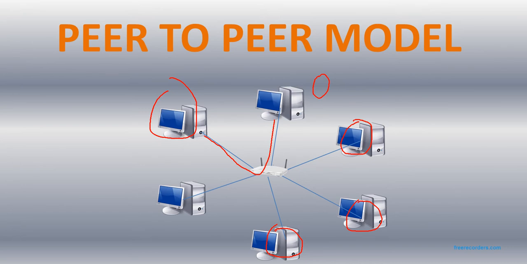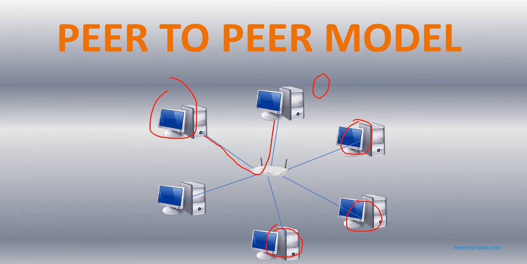And it becomes really difficult to maintain and manage this information, especially when you're working with PCs whose hardware is designed to be affordable by the end user. So the hardware is not designed as robustly as server hardware will be designed. So PC hardware is going to fail more often. So you're going to have computer crashes, and when the computers crash, the information they were sharing crashes along with it, and you end up with downtime. Okay, this is a common challenge of small businesses using the peer-to-peer model.